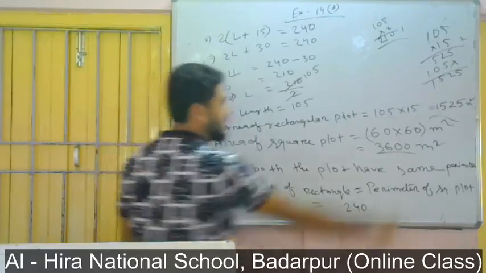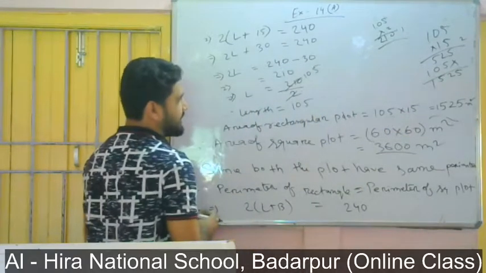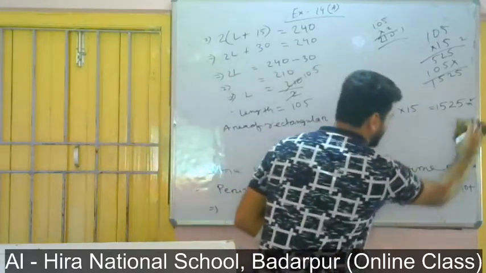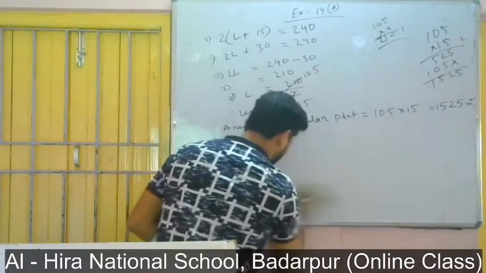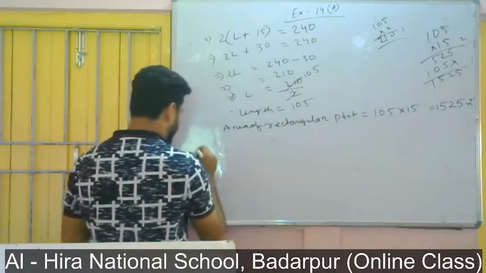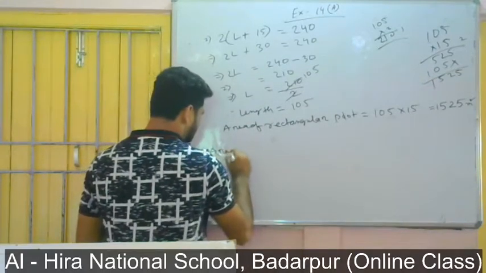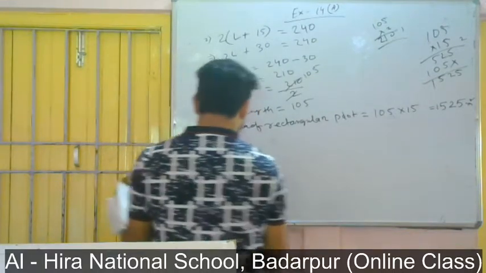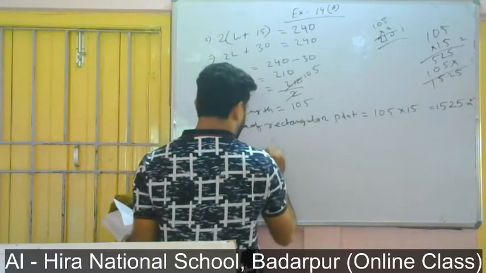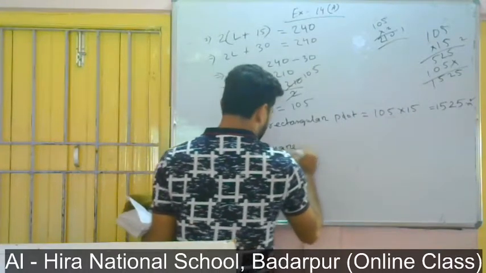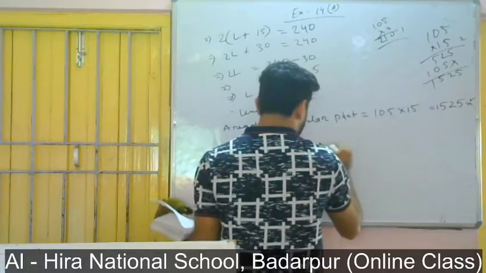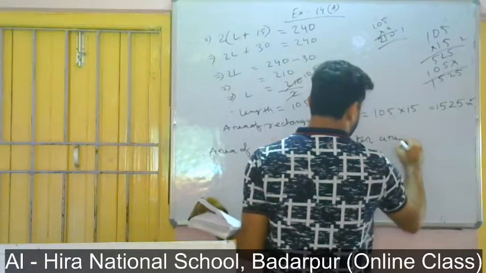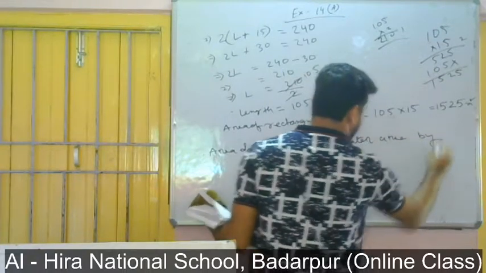And by how much? If we subtract, then we will get it. So write, therefore, which plot has greater area? The area of the square has greater area. By how much?